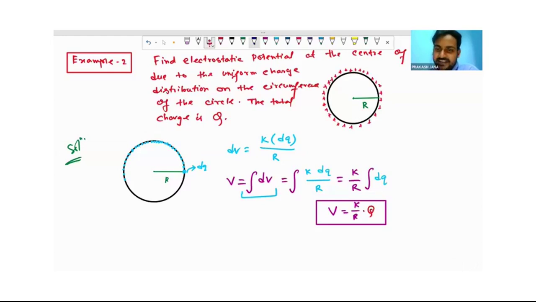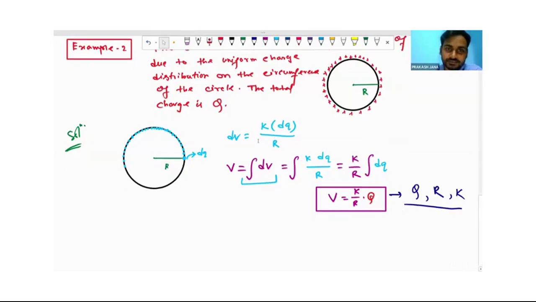The potential depends here only on the total charge q and the distance between the charges and the center at which we are looking for the potential, and the k. So it doesn't depend on whether it is uniformly distributed or not. Okay. Now this was example 2.